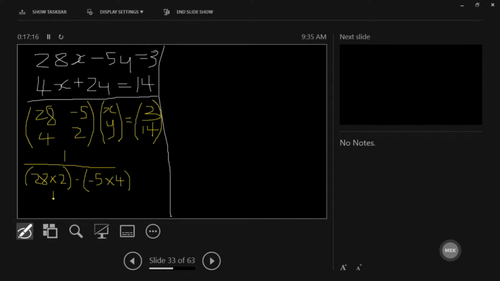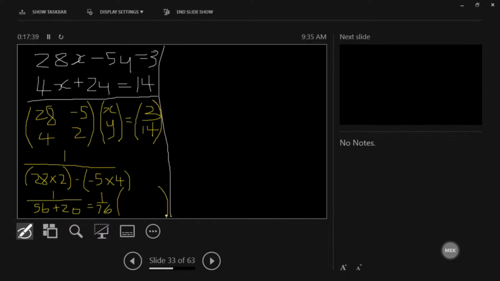And that's going to give 1 over 28 times 2 is 56. And negative times negative is positive, so that's positive 20. So that gives 1 over 76. That's the determinant.